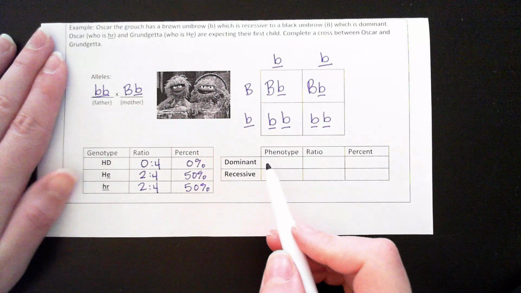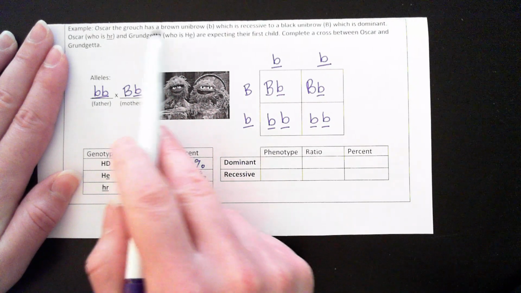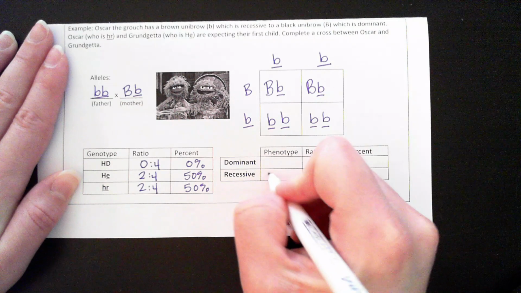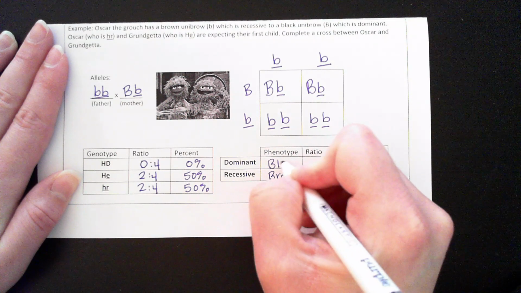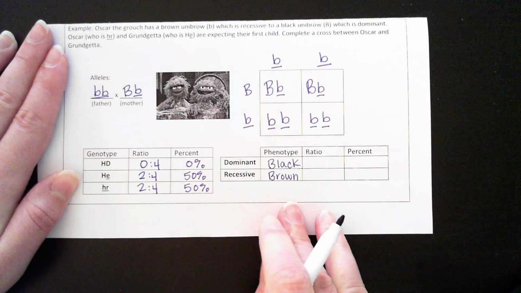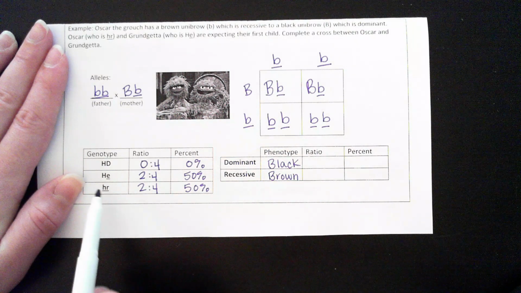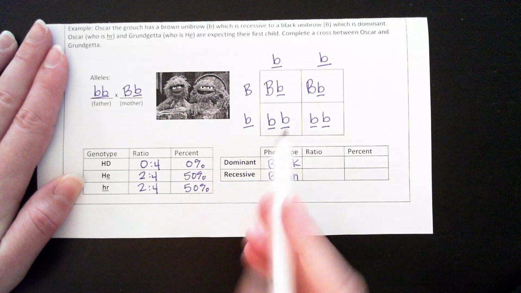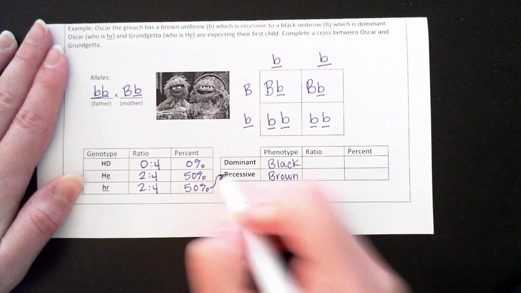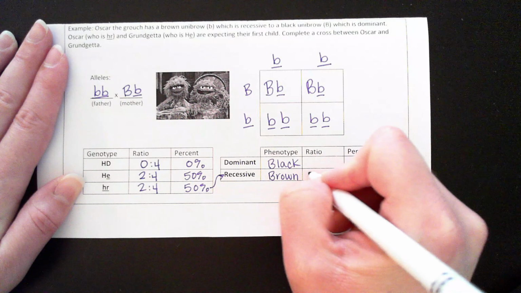Looking at the word problem, we know that brown is recessive to black. Again, whatever our HR is going to look recessive. So I'm going to keep that line the same. The bottom line is going to stay the same.